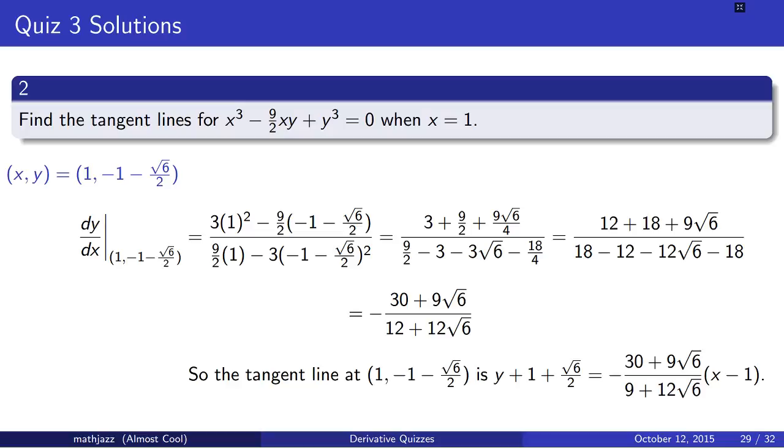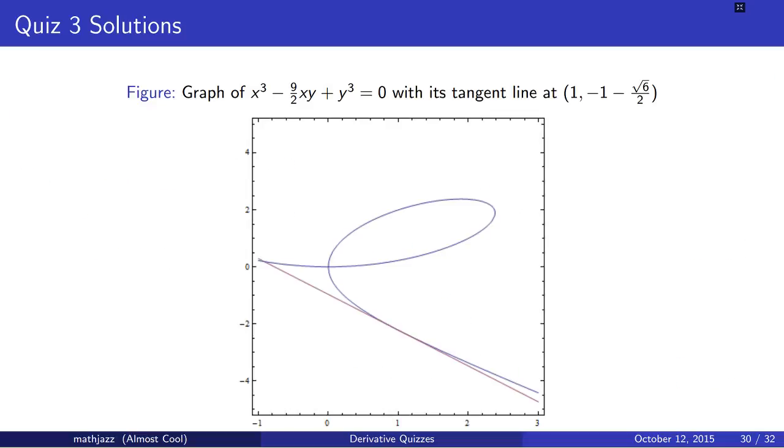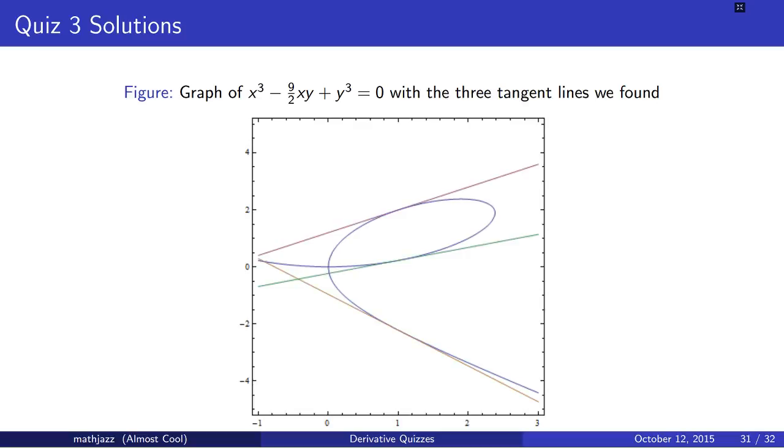We get y plus 1 plus square root of 6 over 2 equals negative 30 plus 9 square root of 6 divided by 12 plus 12 square root of 6, there's a typo in that, times x minus 1, and this is the graph of our final tangent line, and here's a graph of our original function and all three tangent lines.